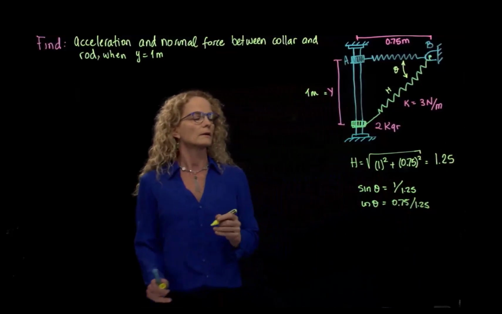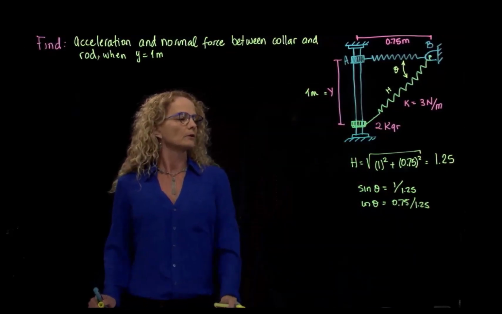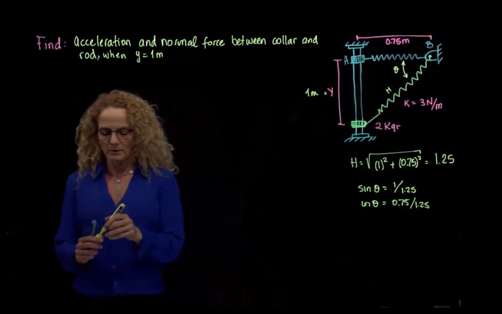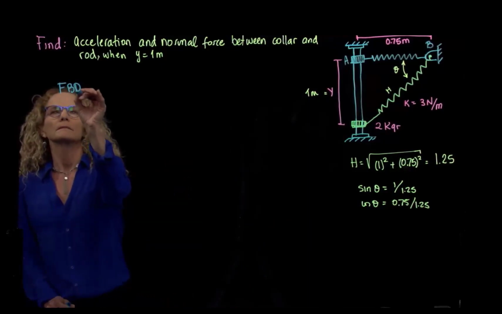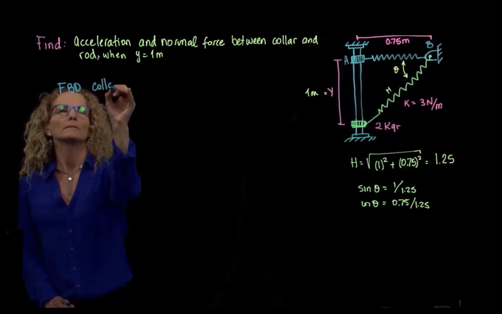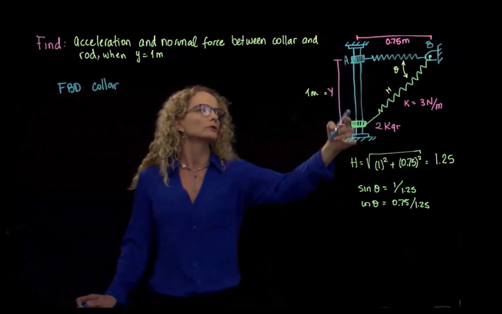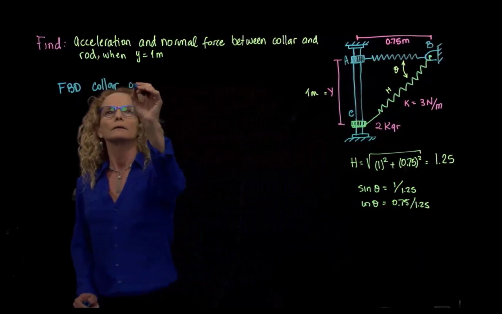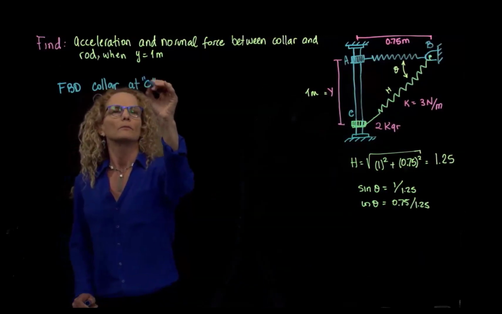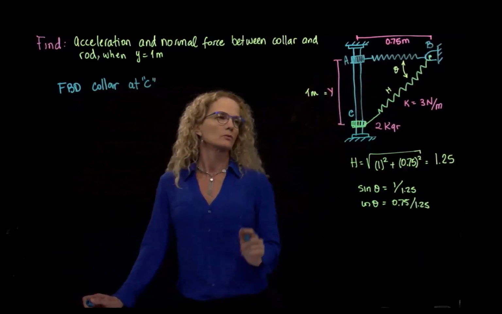So those are the values that I will need. Now I'm going to do my free body diagram of the coil in the final position. Let's call this position C, which is when y is equal to 1.